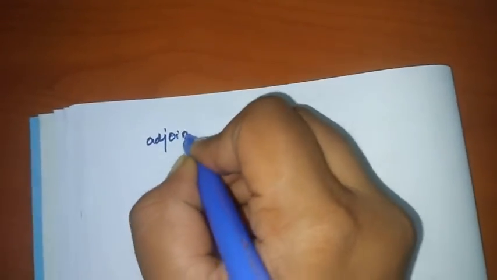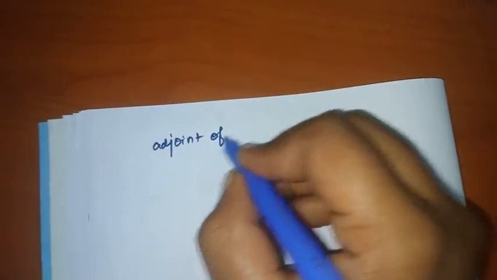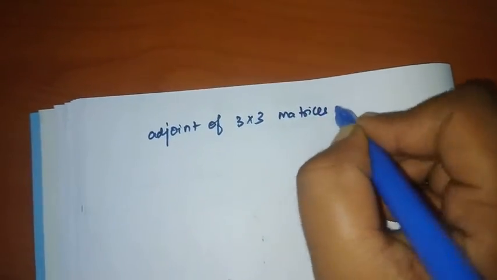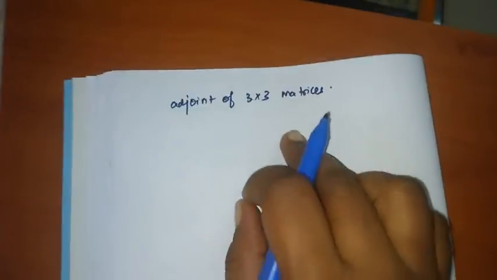And then let me clarify how to find the adjoint for a 3 by 3 matrix. Now we have only learned how to find the 2 by 2 adjoint matrix.